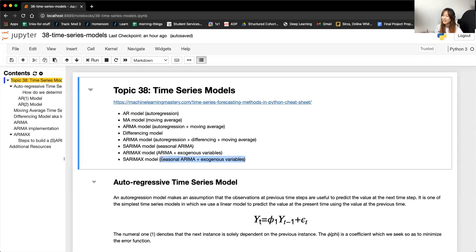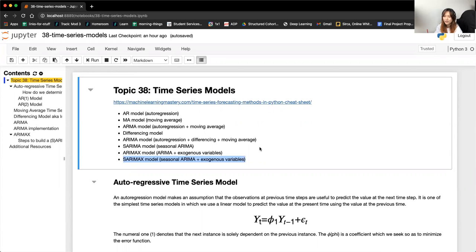And then SARIMAX, I would say, is the most complete one if you want to incorporate all of those. SARIMAX is seasonal ARIMA with your exogenous variables. And you'll see that it's really very additive. It's modular, and you can include whatever you want in your time series model. So, questions before we get started?